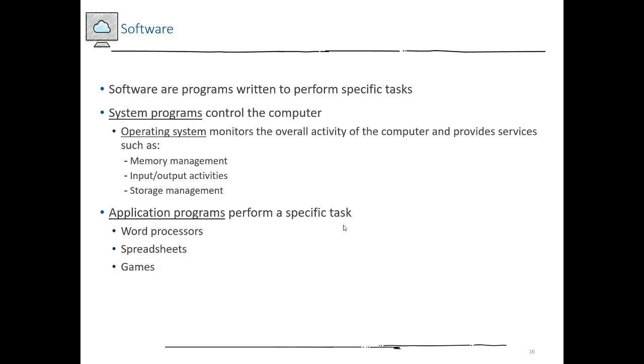The different kinds of software, basically the programs that reside on the computer, fall into two categories: the operating system and the application software. The operating system is pre-installed on the computer. Without the operating system, you can't even start the computer. And without application software, you cannot perform any tasks. So those two pieces of software need to be there.